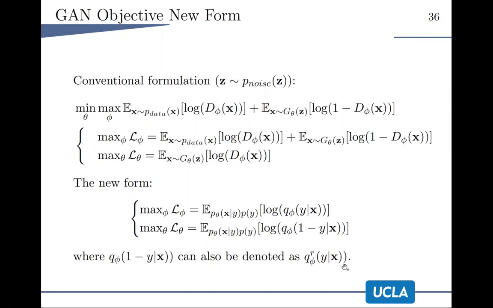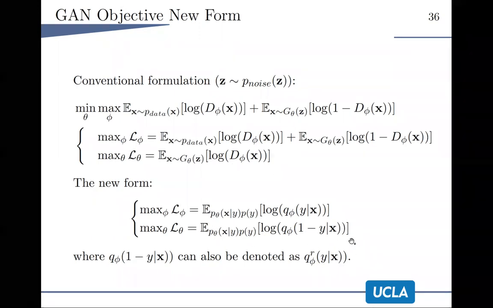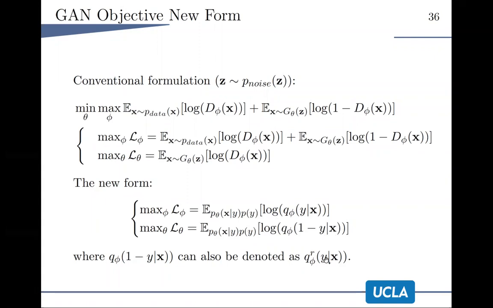We will use this expression later on. As we can see, it's no longer two different objectives. It looks almost the same, although not exactly, and the only difference is a reversal.